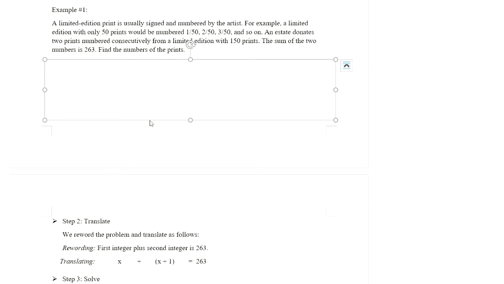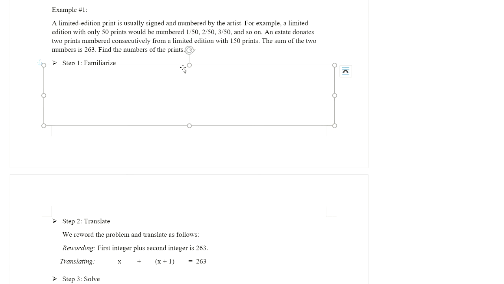Always reread the problem really carefully, also out loud.